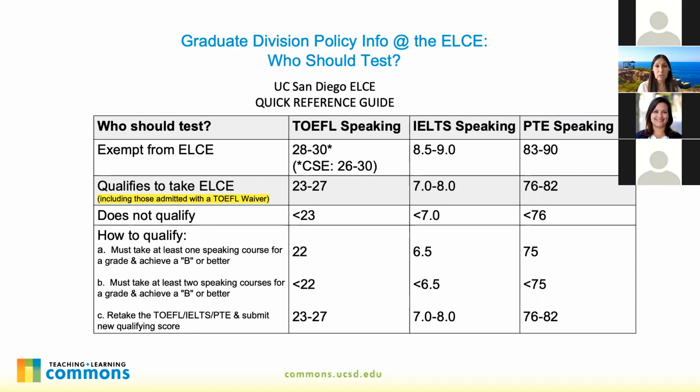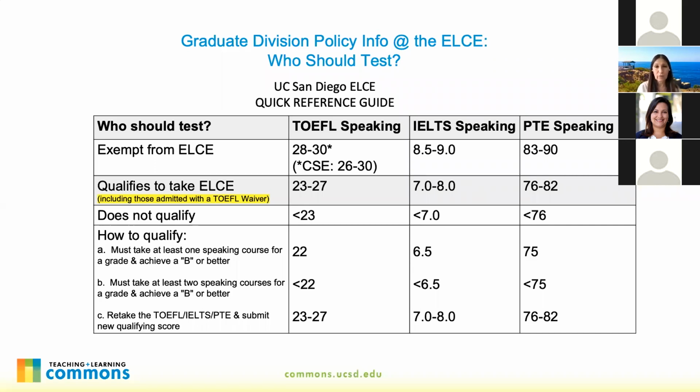That's because our data indicates over many, many years that students who have a score in these ranges struggle to qualify to TA. And we have different levels of qualifying to TA. So we ask you to do a little bit of work before you take the ELCE. I did get a question on the Q&A that I want to address now about the TOEFL score.